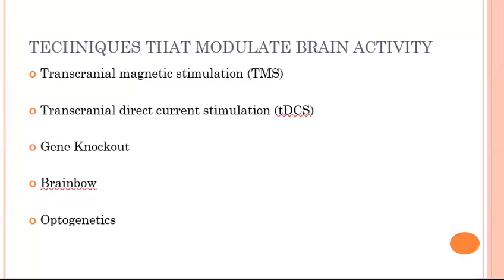After inserting tiny optical fibers into the animal's brain, researchers can turn on the light to excite or inhibit these specific cells. Scientists have used the ability to control the activity of specific neuronal populations to investigate their role in learning, memory, decision-making, addiction, movement, and many other areas of active research.